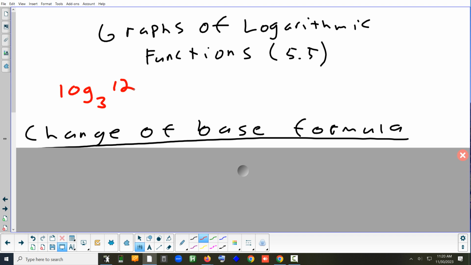We kind of figured that out when we took something like that and changed it to exponential form. We said 3 to what power gives you 12? That's what that means in exponential form. The only problem with that is having this variable in the exponent. So we took the log of each side, and we had log 3 to the x equals log 12.